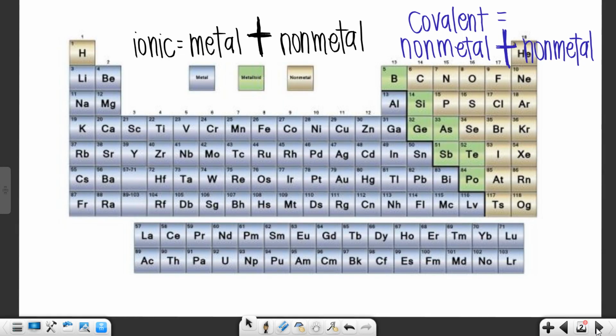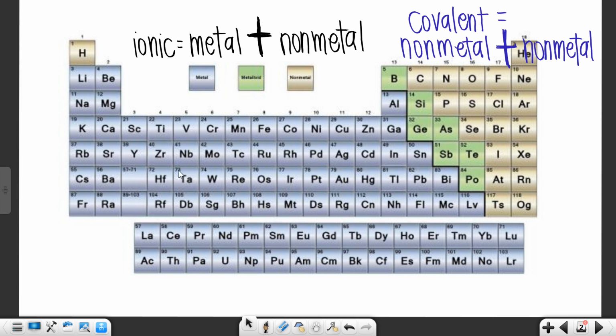All right, first up, what we have here is a periodic table. And I went ahead and grabbed one that was already separated into the three basic groups. But the two groups that we're going to focus on would be our metals and our nonmetals. And hopefully you remember that ionic bonds occur between metals and nonmetals, whereas covalent bonds occur between a nonmetal and another nonmetal.